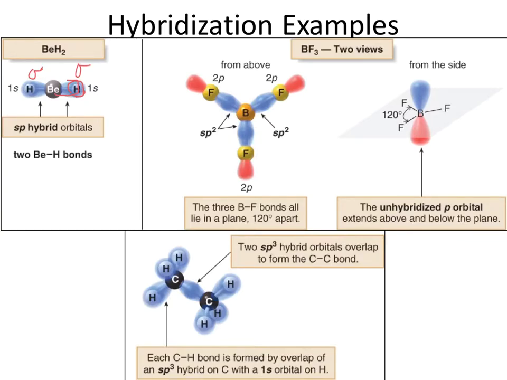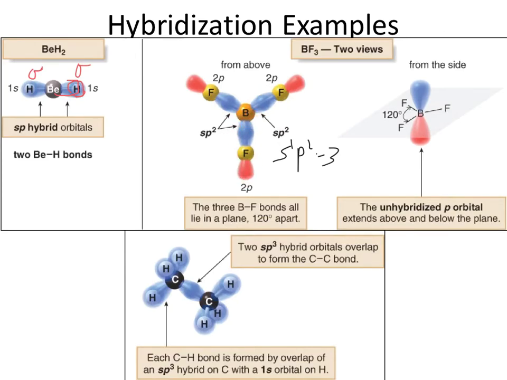We look at something like BF3. Again, BF3 doesn't have any lone pairs, but you can see it has 1, 2, 3 hybrid orbitals. So that must equal s1, p2, so it would be sp2. Okay, so again, I used 1 s orbital and 2 p orbitals, so that would be 3 electron domains, which I see right over here.